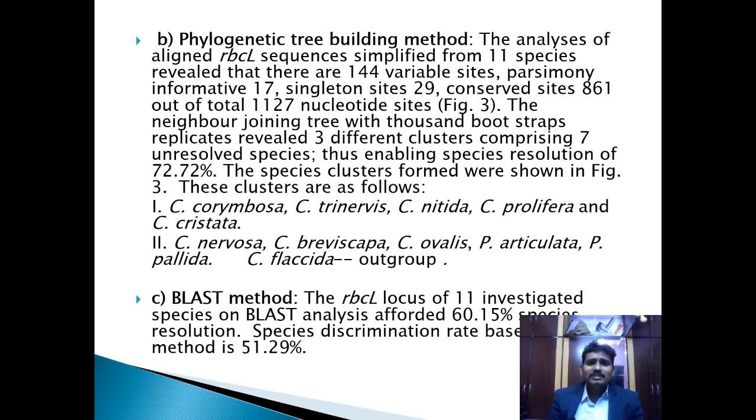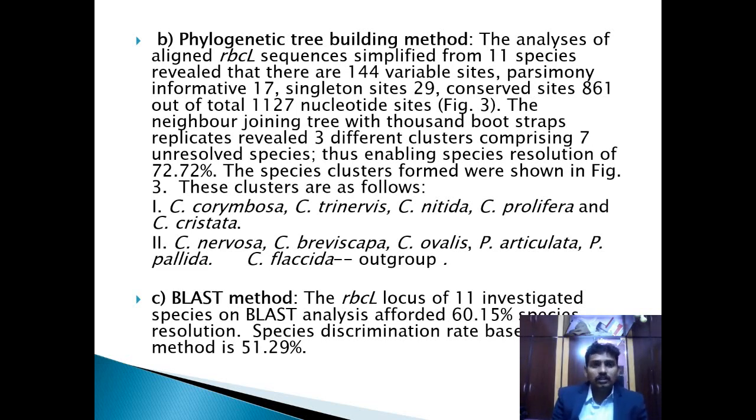The species clusters formed were shown in figure 3. The first cluster is Coelogyne corymbosa, Coelogyne trinervis, Coelogyne nitida, Coelogyne prolifera, Coelogyne cristata. The second cluster is Coelogyne nervosa, Coelogyne breviscapa, Coelogyne vivalis, Coelogyne articulata, Pholidota articulata, Pholidota pallida, and Coelogyne flaccida.